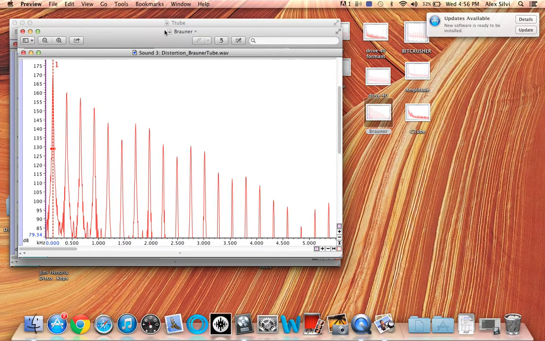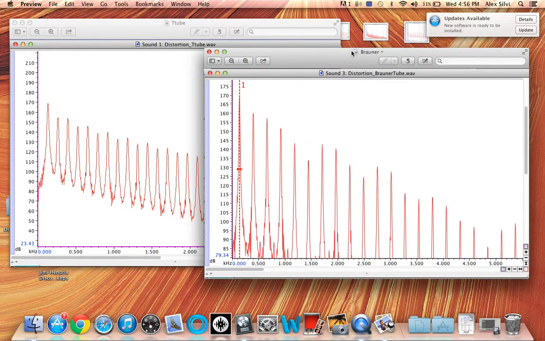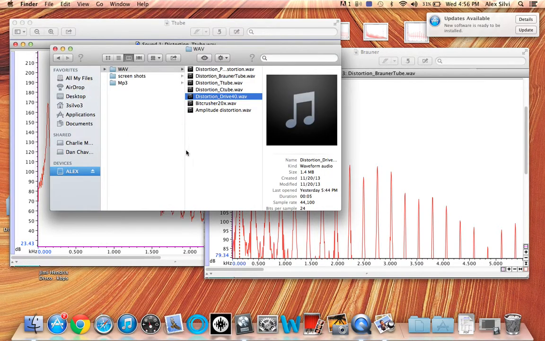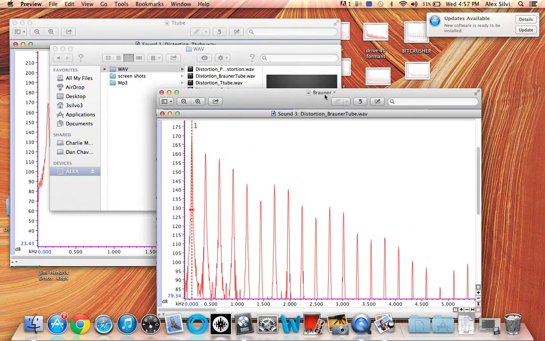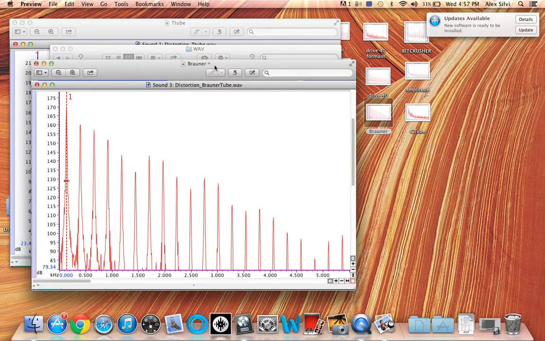The other odd one was the Bronner tube. It also had the odd harmonics present, and this is what it sounded like. Compared to the drive, you can hear that the drive sounds a little bit brighter once again.